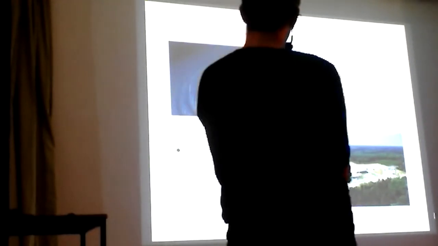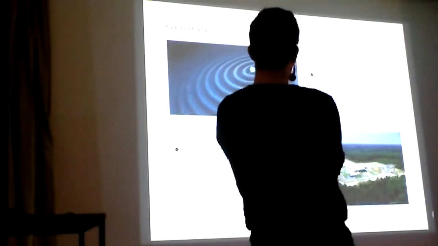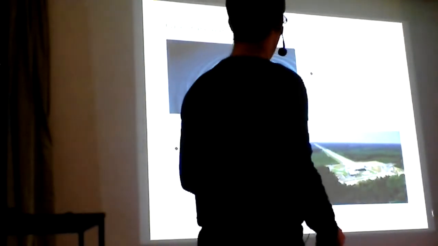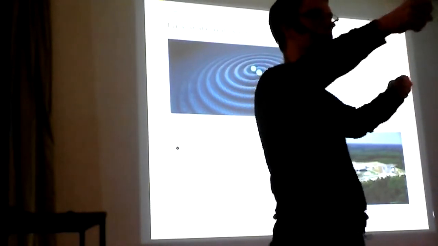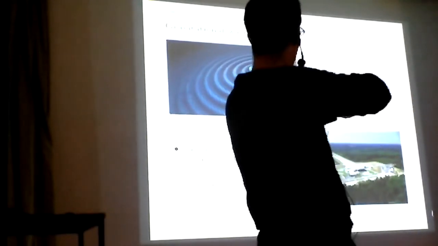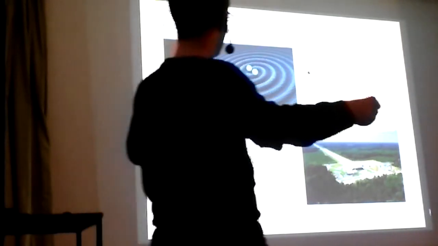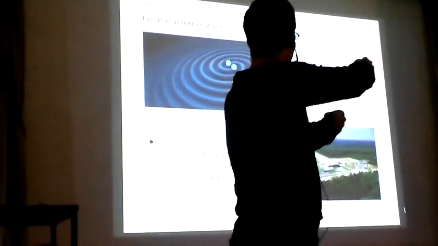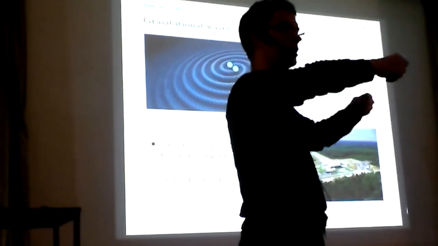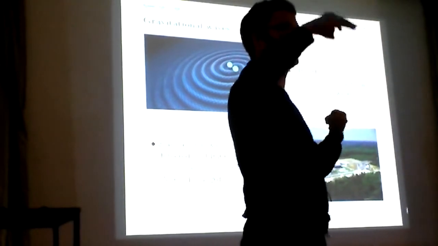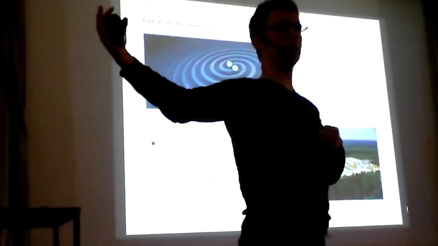So what gravitational waves are is depicted here. You've got a system of 2 neutron stars, for example, right? I told you they are binary systems of 2 neutron stars, which orbit each other. Over time, they lose some of their rotational energy, because they move closer together. And this energy is emitted in the form of gravitational waves.